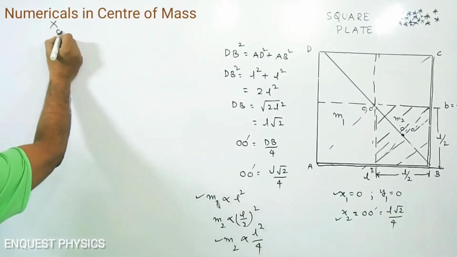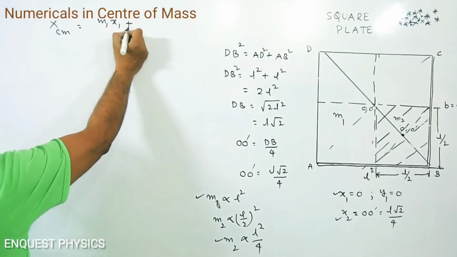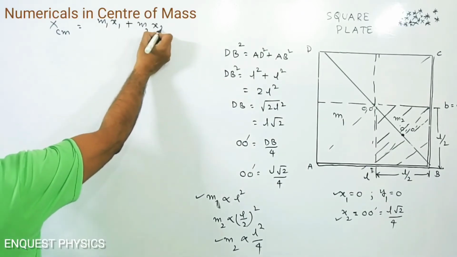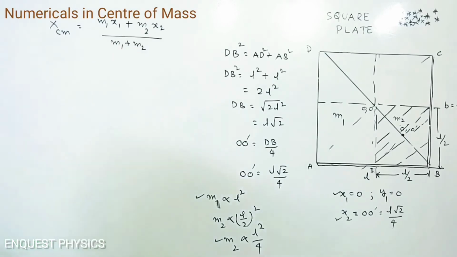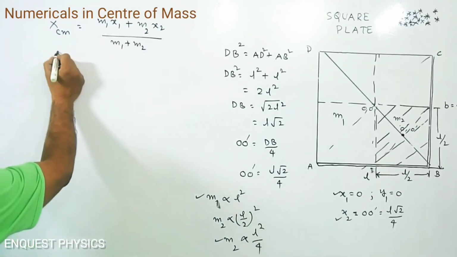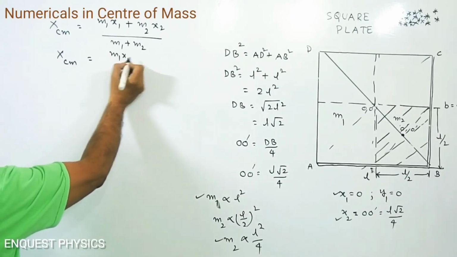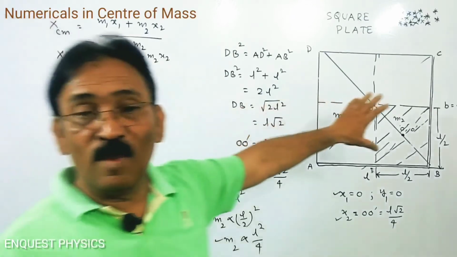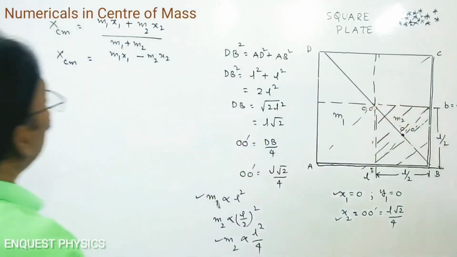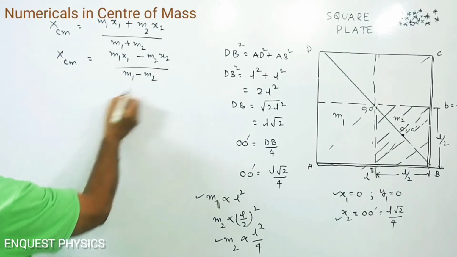Then we get xcm, as you know that it is m1 x1 plus m2 x2 by m1 plus m2. Or it can be written as xcm is equal to m1 x1 minus m2 x2, we are considering the removed mass as the -1, by m1 minus m2.